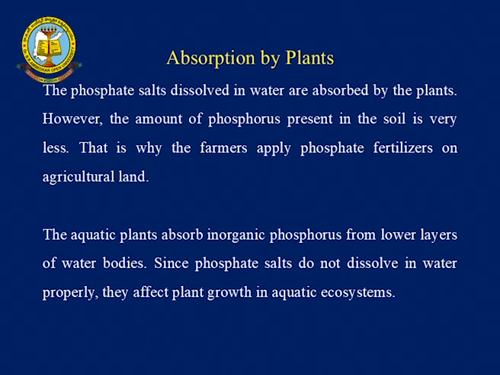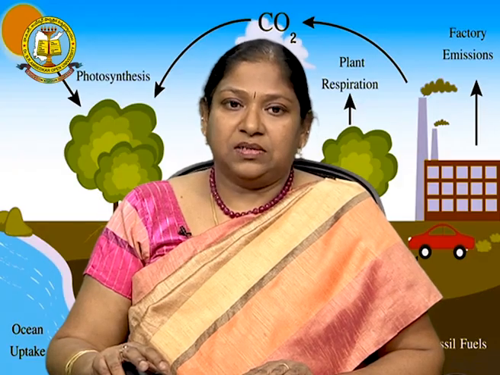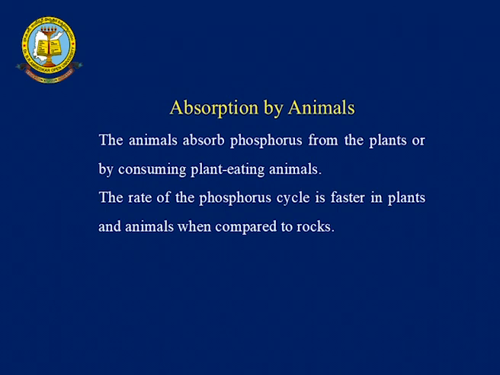Since phosphate salts do not dissolve in water properly, they affect plant growth in aquatic ecosystems. Absorption by animals. The animals absorb phosphorus from the plants or by consuming plant-eating animals. The rate of the phosphorus cycle is faster in plants and animals when compared to rocks.